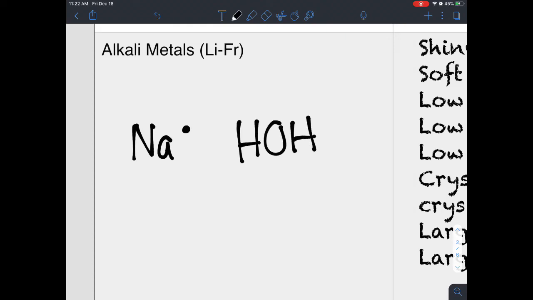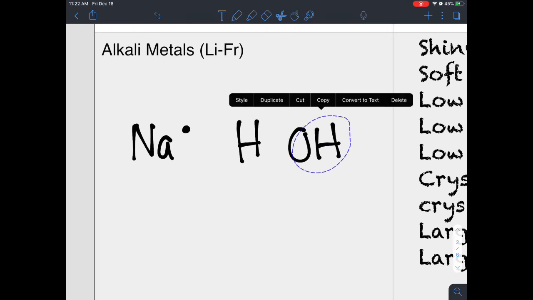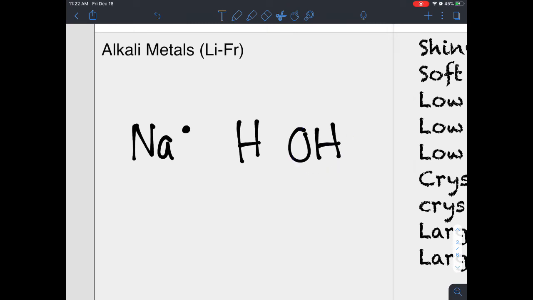So it's reacting with water and breaking it apart. What ends up happening is you've got this OH minus ion. This electron here actually goes to the hydrogen, and this is going to come over here. Because sodium lost its electron, it becomes positive.